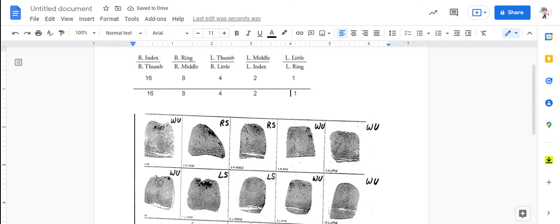So then what do we do with these numbers? Well, we add them up. Once we're done, we add them up.